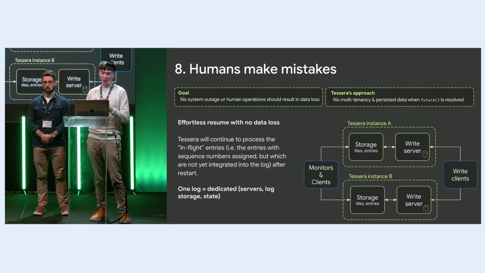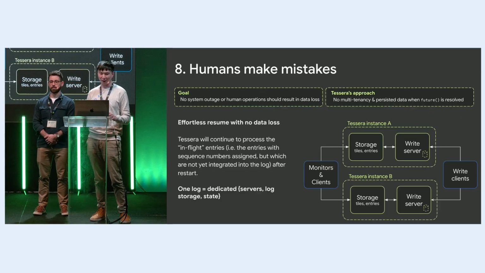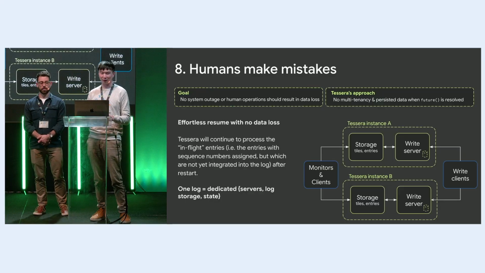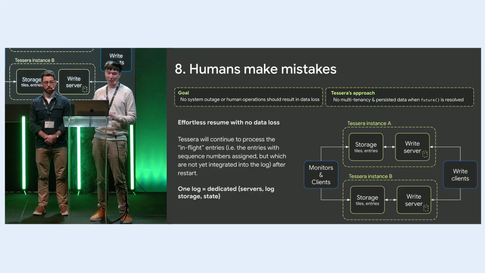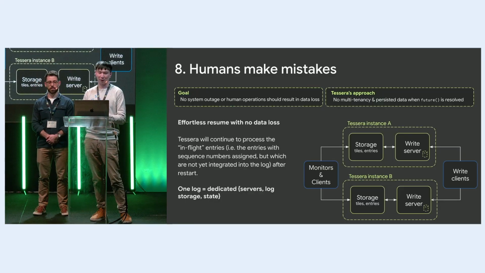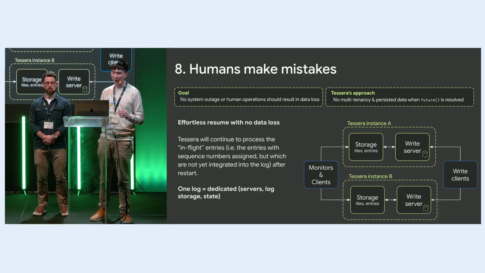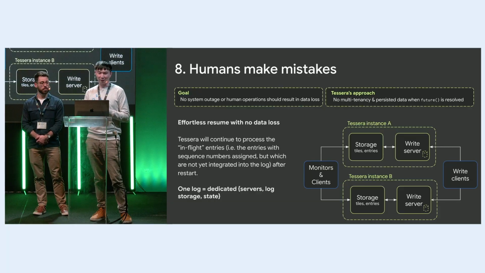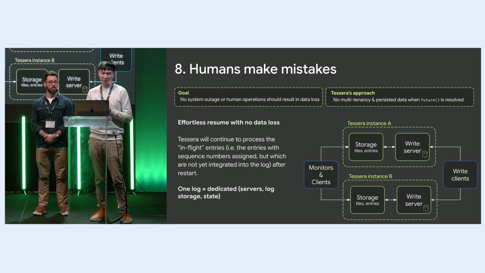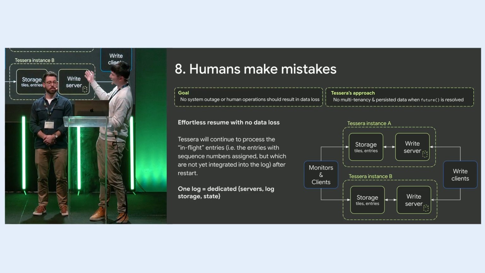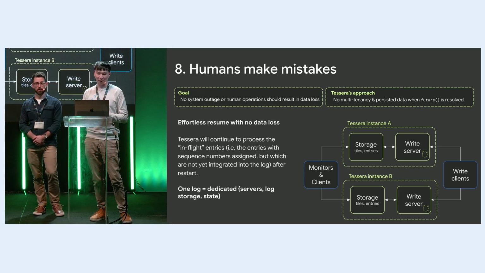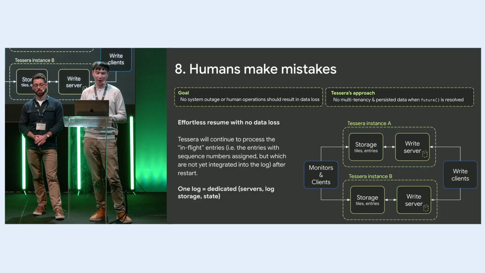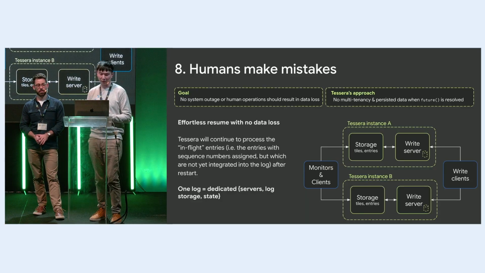So no matter how many times you restart the Tessera application, eventually it will process the rest of the entries and integrate them into the log. As you can see here, we only have one log with dedicated servers, log storage, and the state. So hopefully that will help.